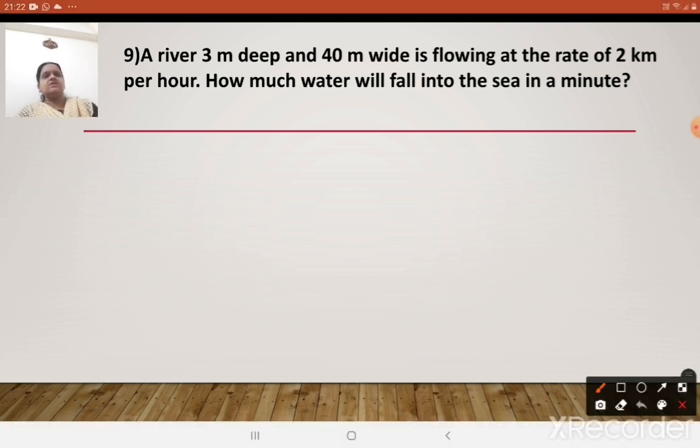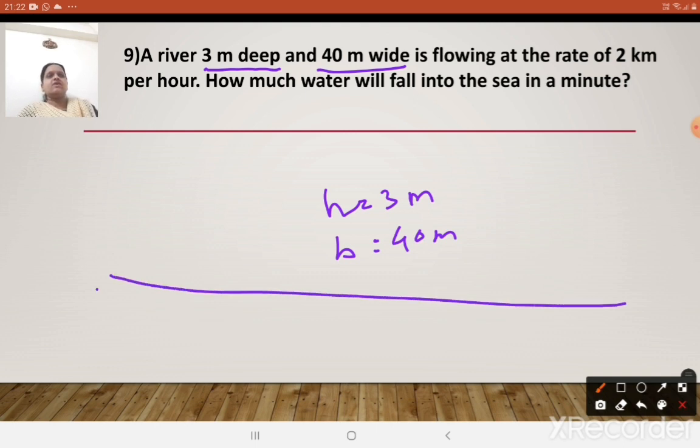That means this is given as the height. Yes, h is given as 3 meter, wide 40 meter. So that means breadth is given as 40 meter. So how much they have covered, that will become the length. So we want to find the length, but what is given? The rate of flowing is given as 2 km per hour.